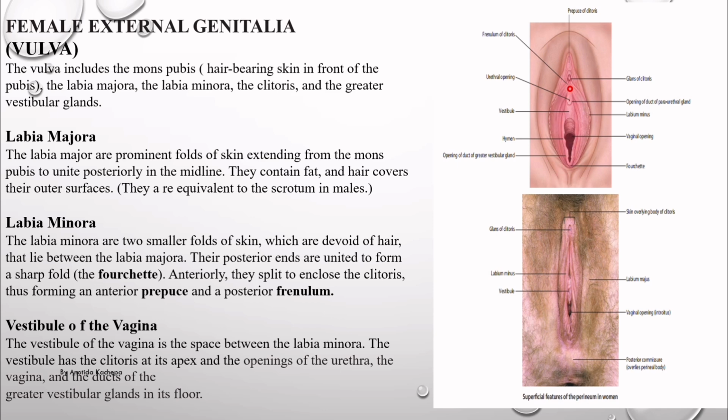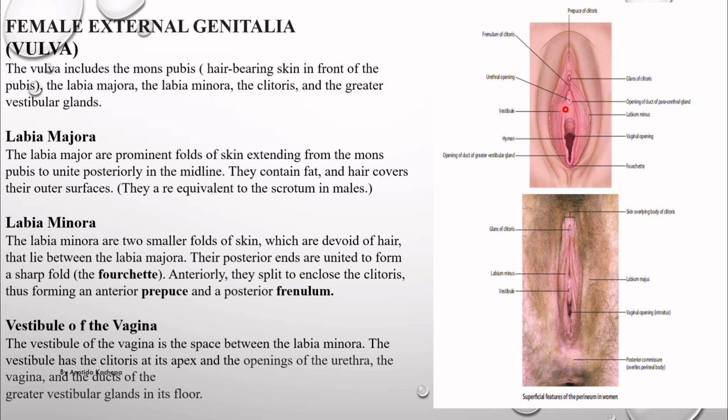In the vestibule, superiorly we have the glans clitoris. Then in the middle you have the urethral opening. Then below we have the vaginal opening, which in virgins may be covered by the hymen, a thin fold of mucosal membrane.